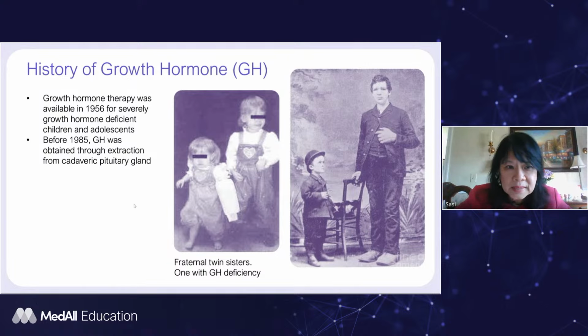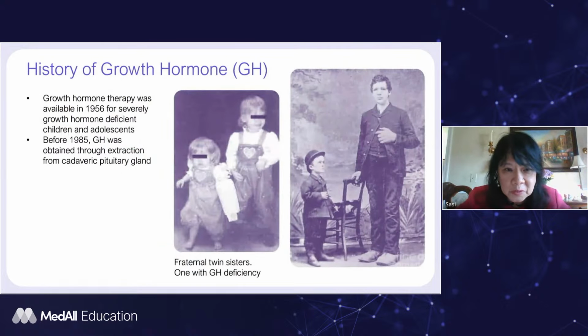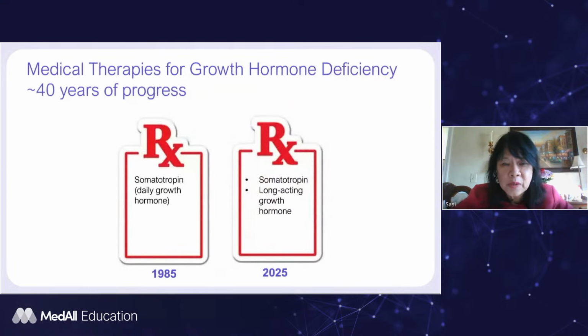In the past, before 1985, growth hormone was obtained through extraction of the pituitary gland from cadavers. But now we have recombinant DNA technology to synthesize growth hormone. So, 40 years of progress.